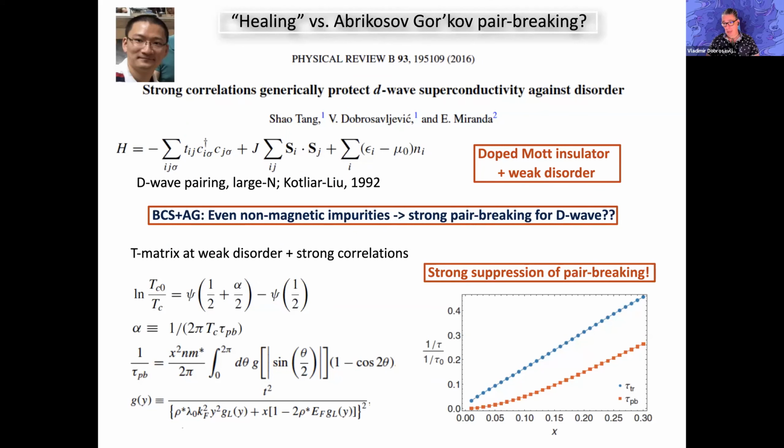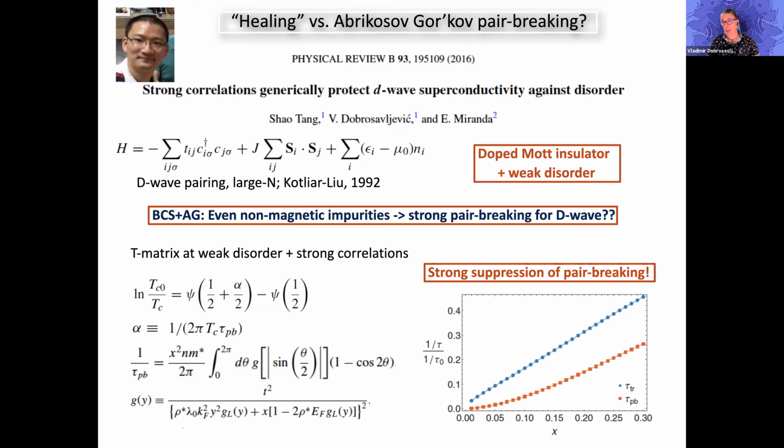But if you have high angular momentum superconductors like D-wave, then any impurity, including non-magnetic impurities, should be strongly pair breaking. And this is why Chandra Varma said early on in the early days of high Tc that anyone who predicts D-wave superconductivity is mentally retarded. He was talking about Kotliar, who predicted this in his paper with Liu. Well, as it turns out, Chandra Varma was completely wrong, and Kotliar was totally right.